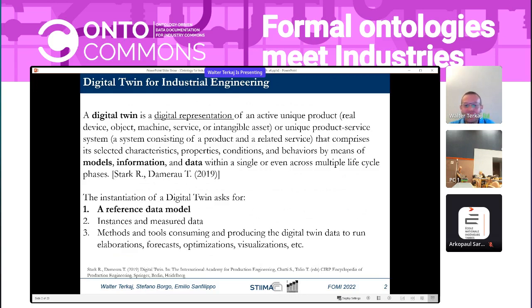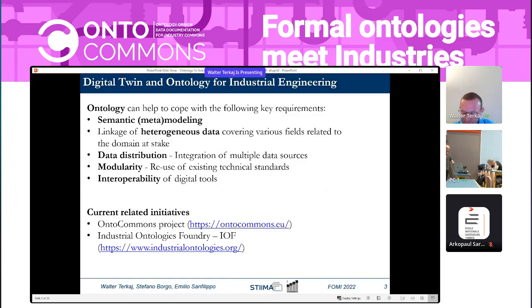In particular, the reference data model is a fundamental requirement to have a working digital twin, and sometimes it's quite neglected. That's why I wanted to stress this point, and that's one of the key motivations of the work we are presenting today. Without a reference data model, it's not really possible to have a usable and, above all, reusable digital twin that is able to support engineering activities.